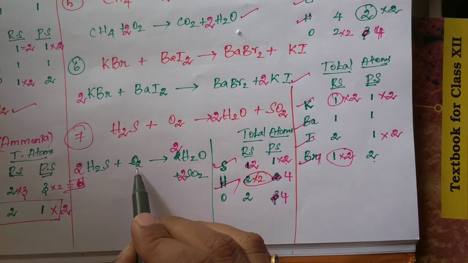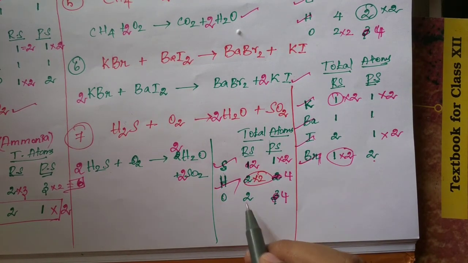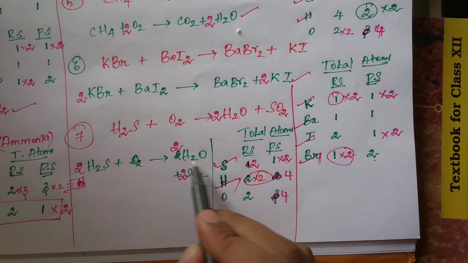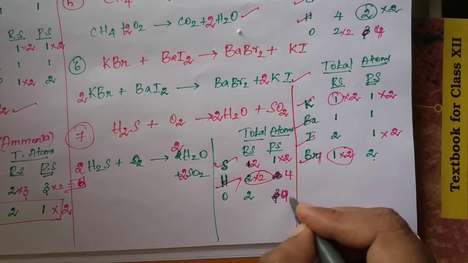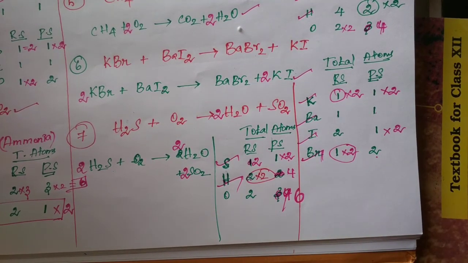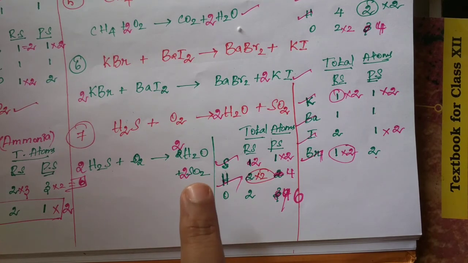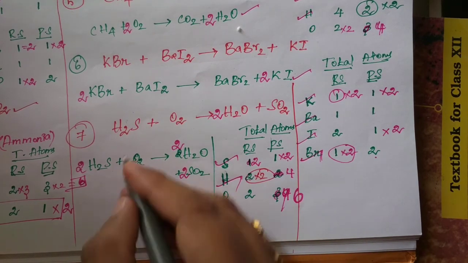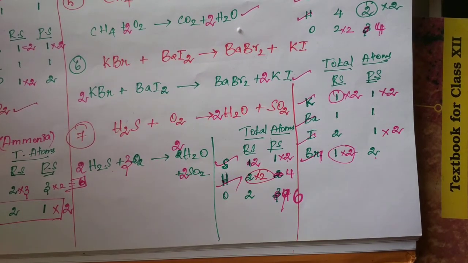And oxygen. See here, only 2 oxygen in reactant side, but 2 and 2 2s are 4. Totally 6 atoms are there now, right? Now total number of oxygen atoms are 6 in reactant side, but in product side only 2. How will you convert this 2 to 6? Multiplying by 3. So now this equation is balanced.